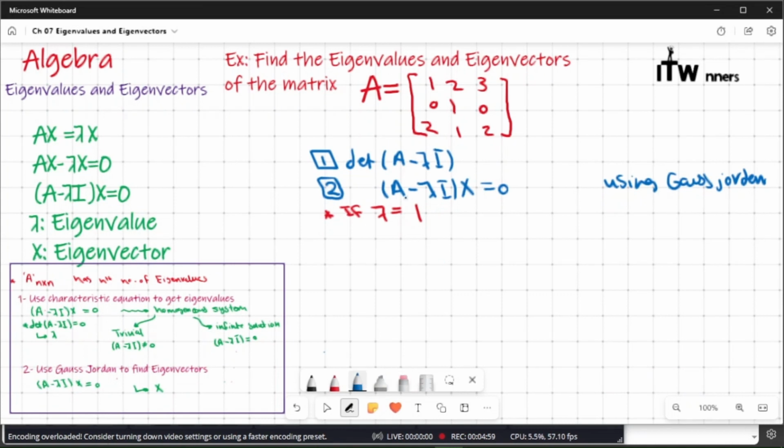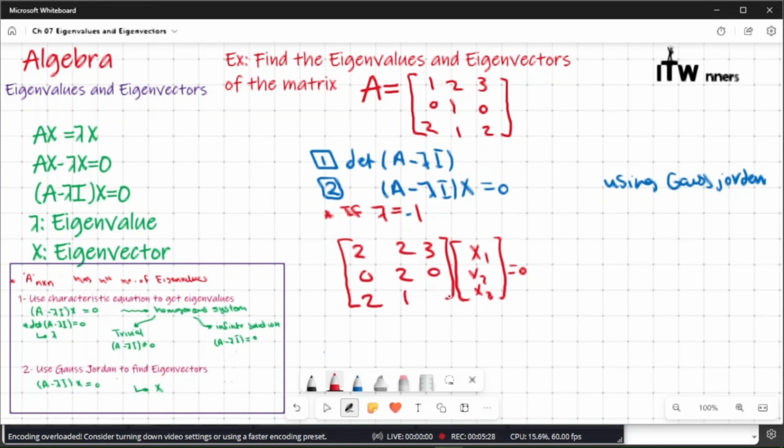Here lambda equal to negative 1, so the matrix will be equal to, here negative 1, so we have here 2 2 3, here 0 2 0, and here 2 1 3.